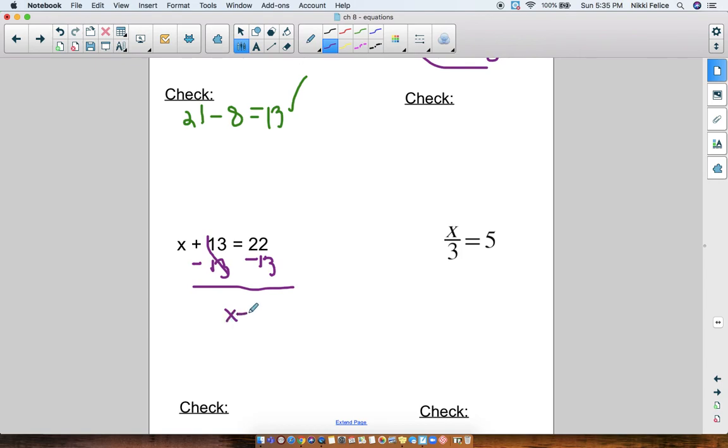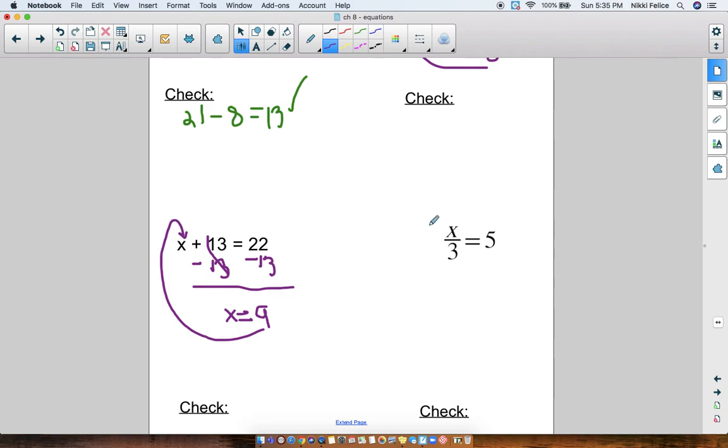X. And now we do 22 minus 13. And we are going to get the answer 9. X equals 9. I can check my work by plugging 9 back in right up here for x. 9 plus 13 does equal 22.